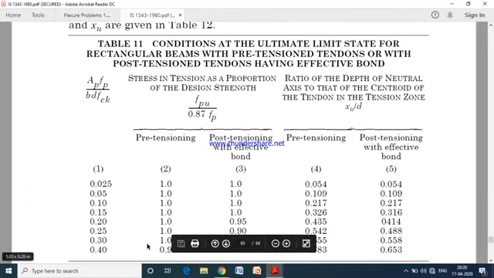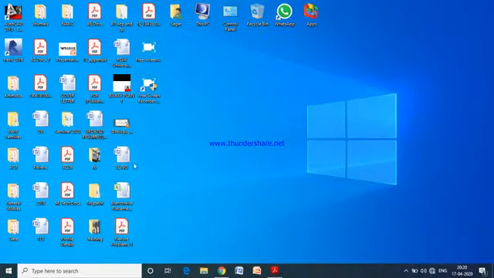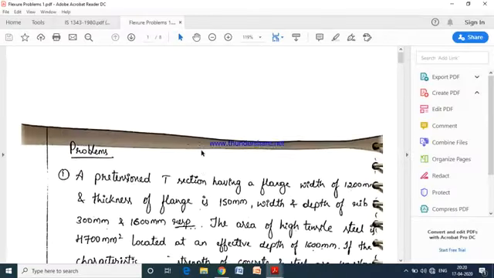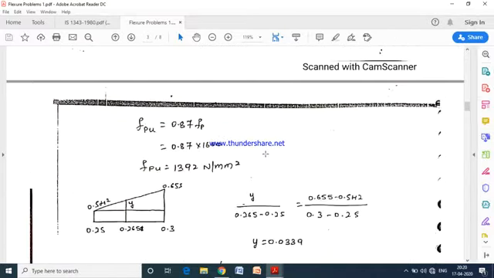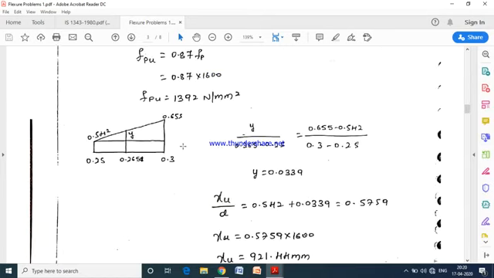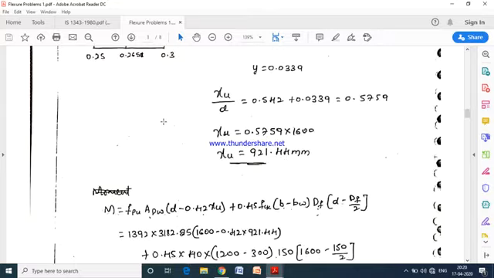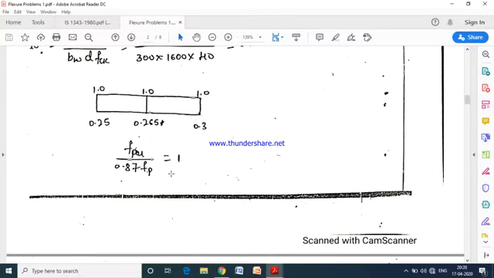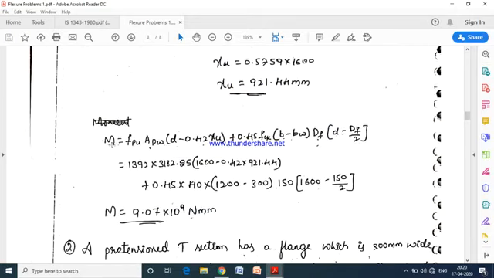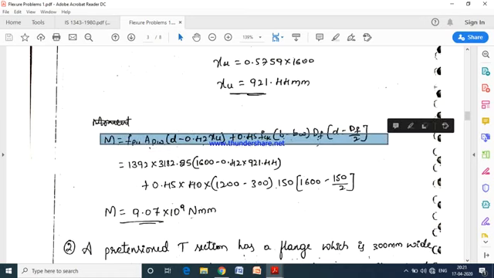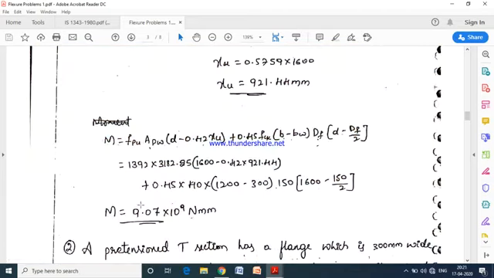Okay, so 0.3 also 1 is there. Again using the same table we will find out FPU value and XU by D. Then substituting the values in this equation we can find out the flexural strength of the member.